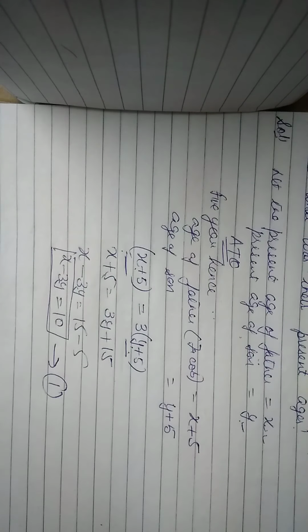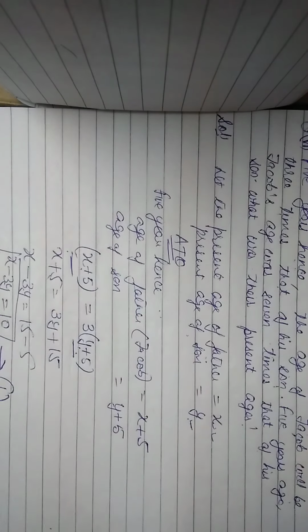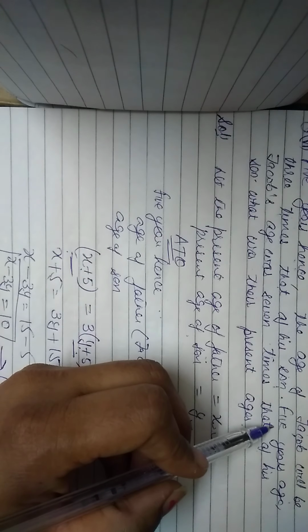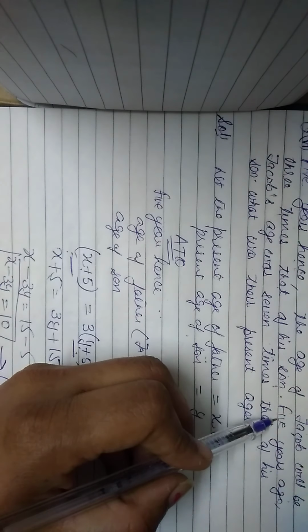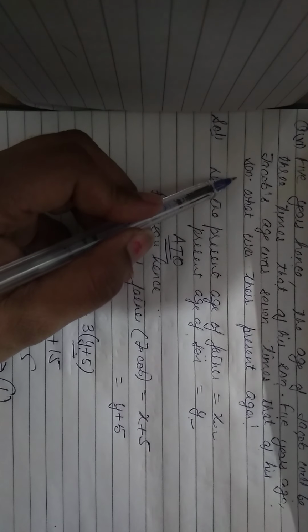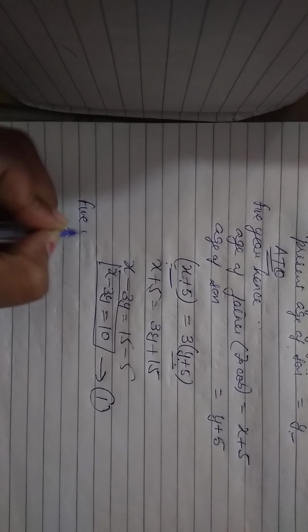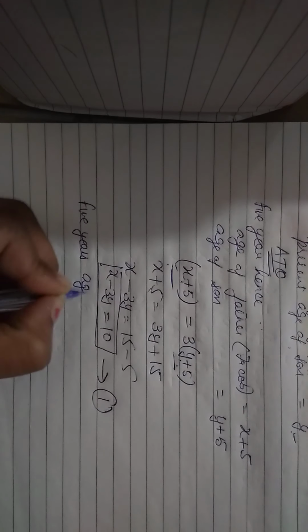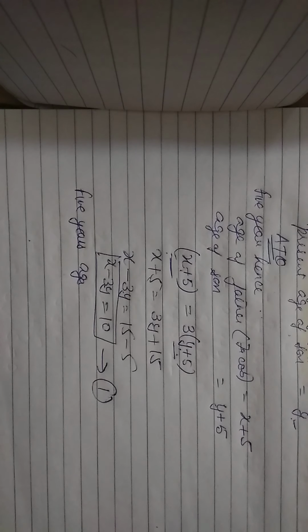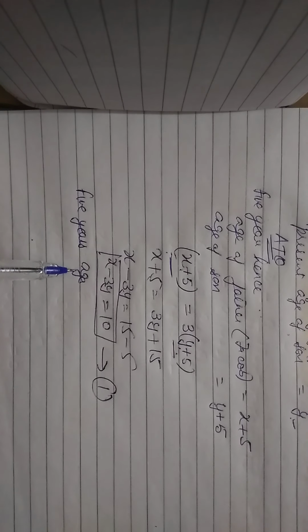Now find the second equation. Let us see the statement again. Now we are told that 5 years ago Jacob's age was 7 times that of his son. 5 years ago means 5 years before.